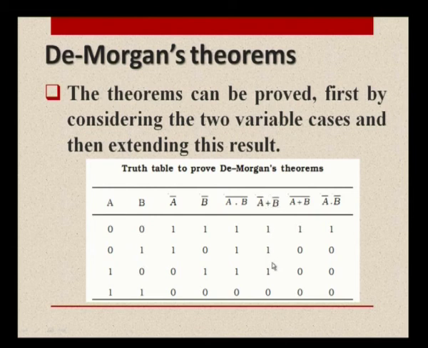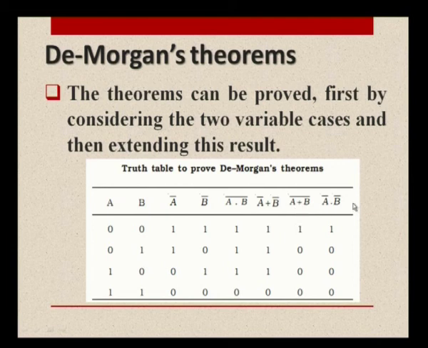So, when we take the output for this expression from the truth table, we get this. When we compare the two expressions, both are the De Morgan's first theorem. So, the outputs are the same. So, De Morgan's first theorem is proved.